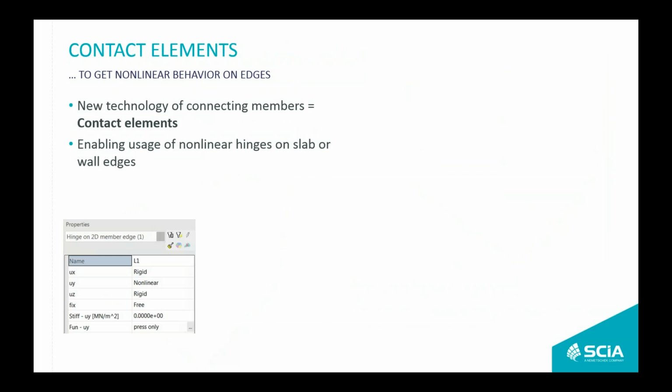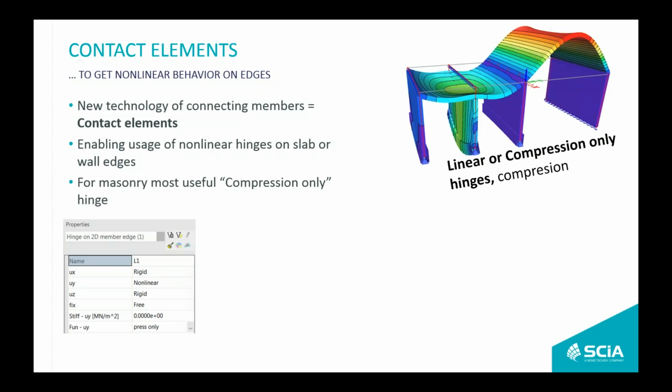To support the masonry elements, we also introduced the contact elements, which are linear parts on the edges of 2D members, which allow us now to introduce nonlinear functions on hinges on edges of 2D elements. In this case, the most commonly used is the press-only nonlinearity, and to compare some results, here we have the linear behavior and compression-only hinges.